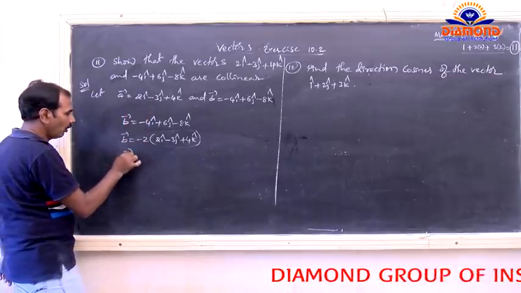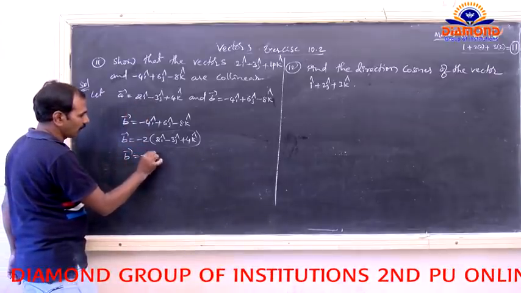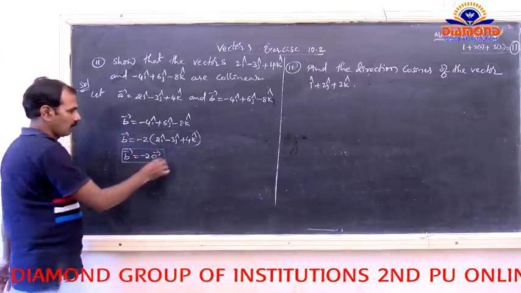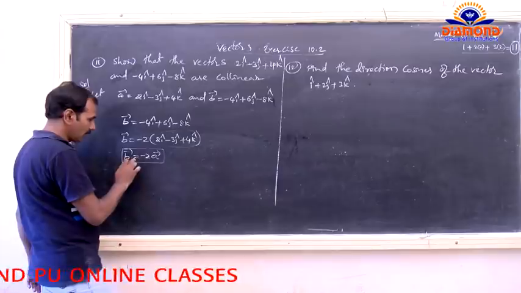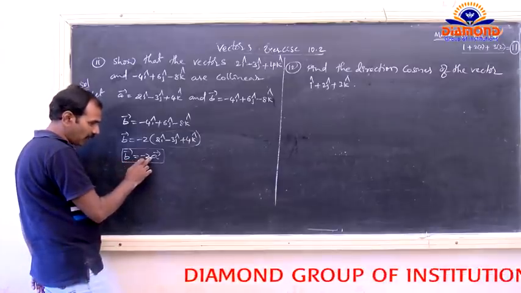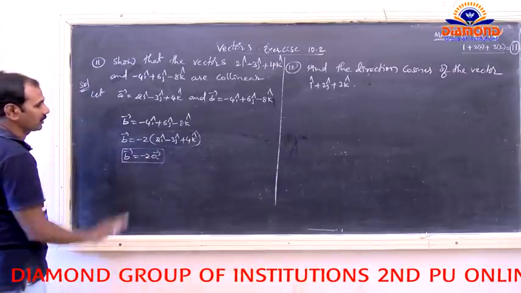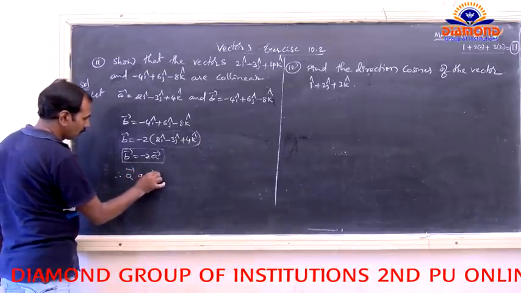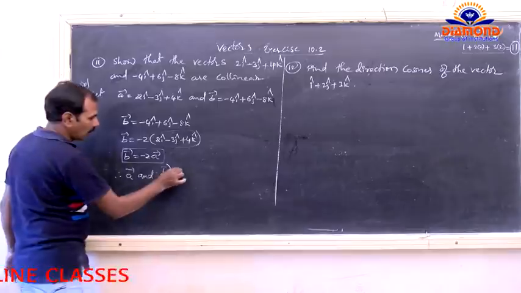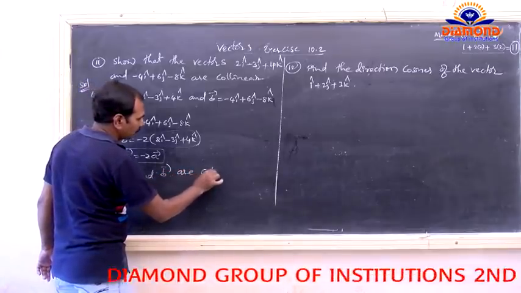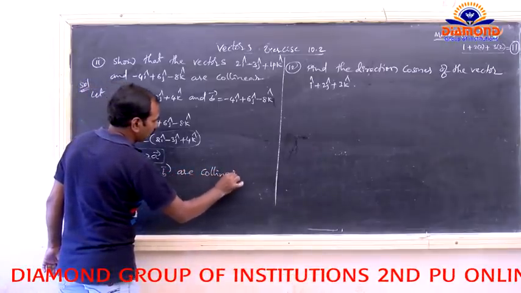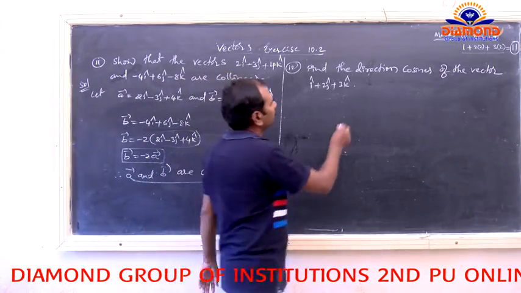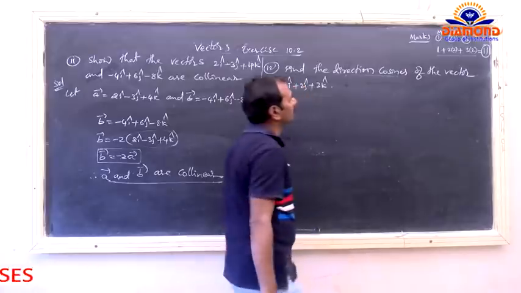So b bar equal to minus 2 a bar. It is of the form b bar equal to lambda a bar. Lambda value is minus 2. So a bar and b bar are collinear vectors.